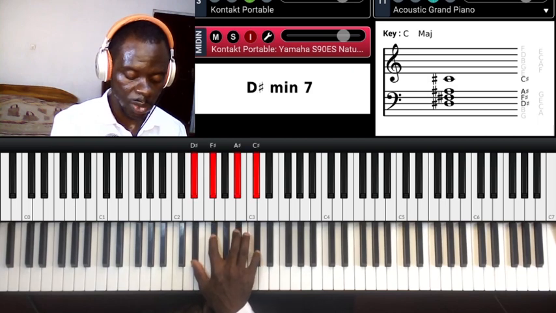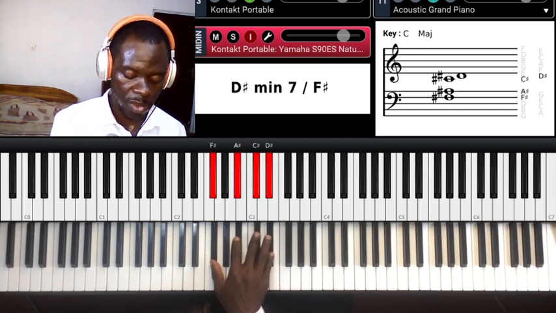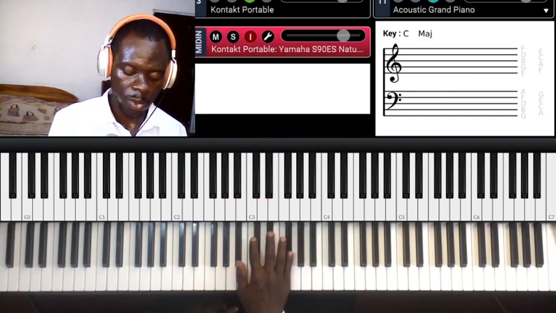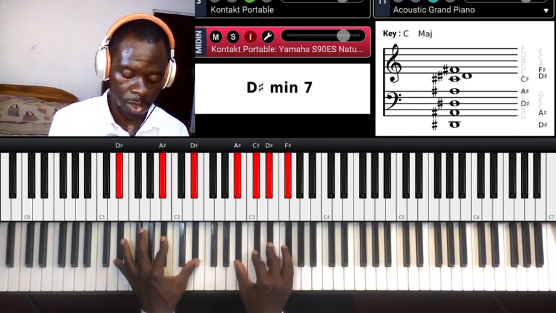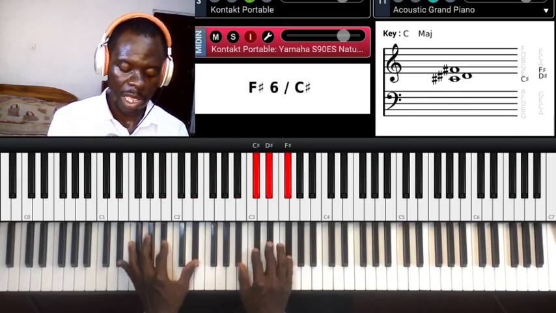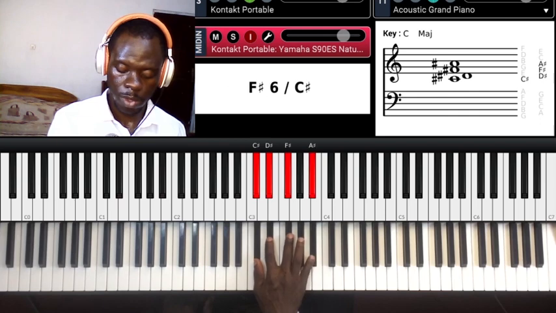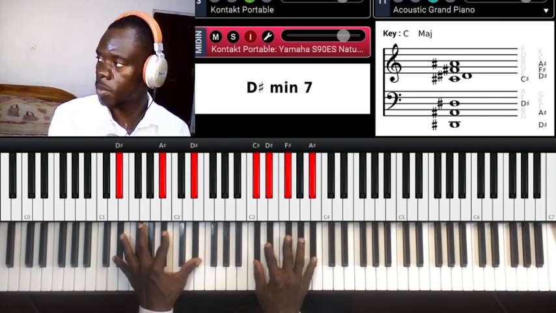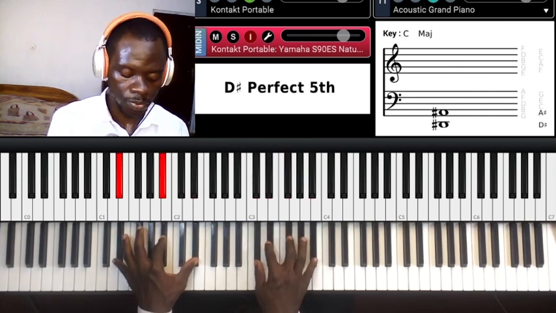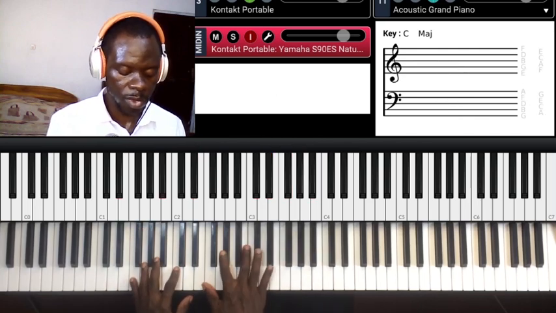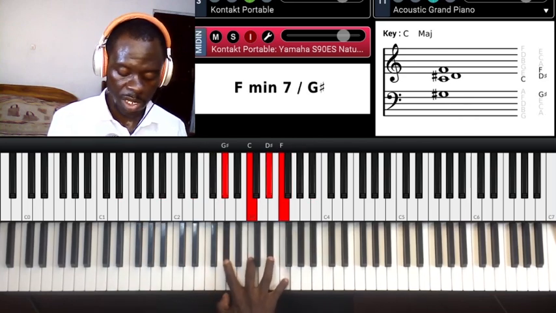We did it this way, so we are now here. So we move the F sharp here, and then we'll get this. Then the last one, we move the B flat. Then the third, which is this, we did it like this.